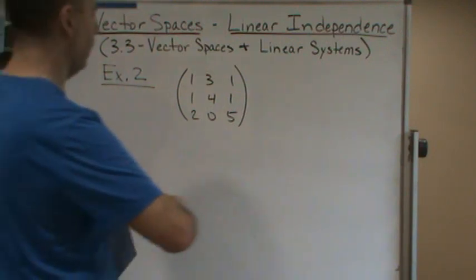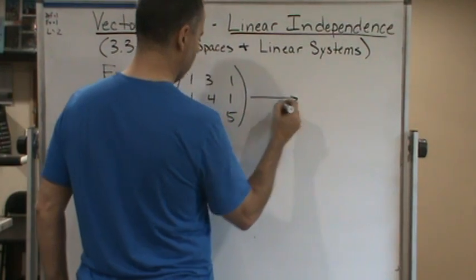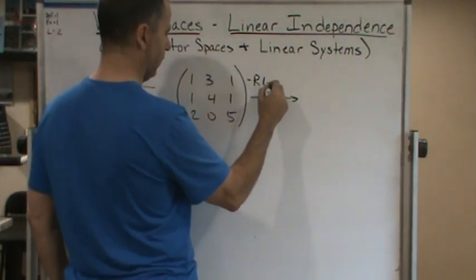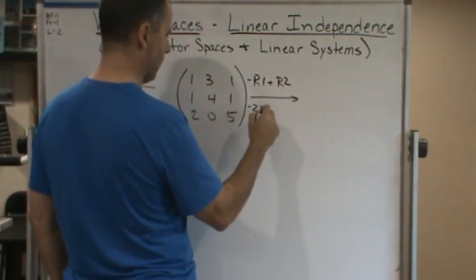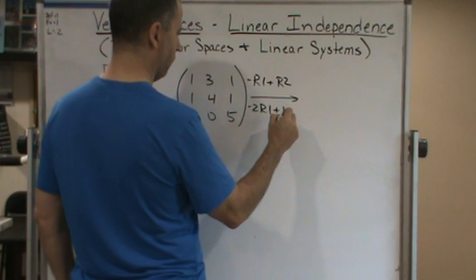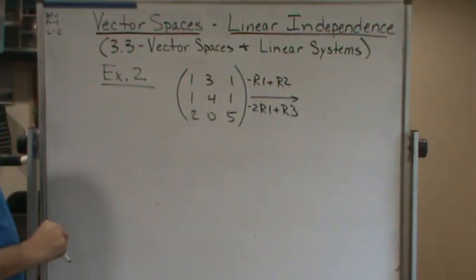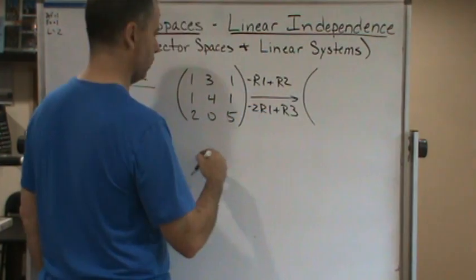So when we do our reduction, we take negative row 1 plus row 2, and we take negative 2 times row 1 plus row 3, right? So what do we get there? We'll get this new matrix. So let's do that.